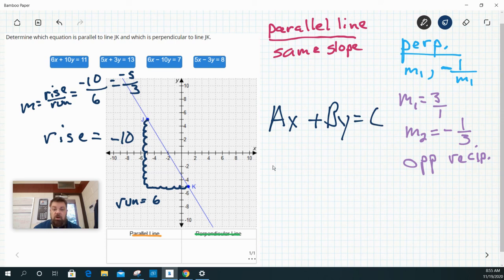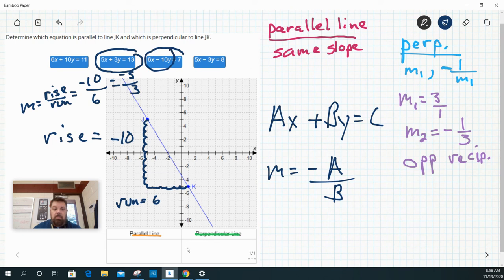We'll call that the standard form, where the slope is just equal to negative a over b. So by looking at this, I'm looking for the opposite of this. This one has the same slope. And then I've got to look for one that has the negative reciprocal of that. And that would be this one.